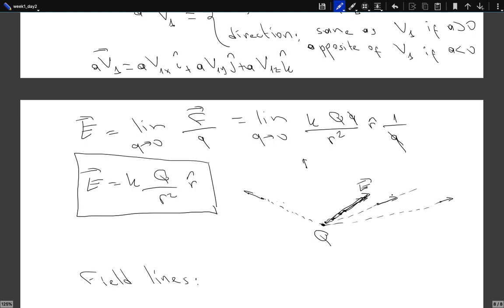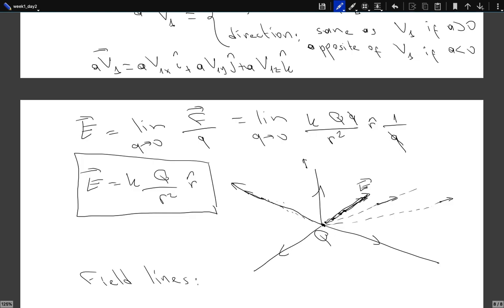For a positive charge, the electric field is always pointing away from the charge. That tells me the field line should always be moving away from my charge. So this is an electric field line. This is another electric field line, etc.